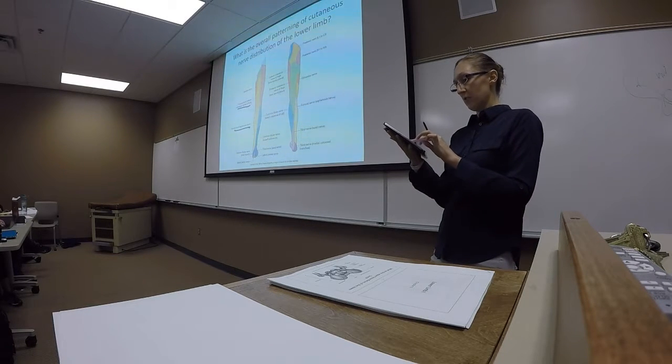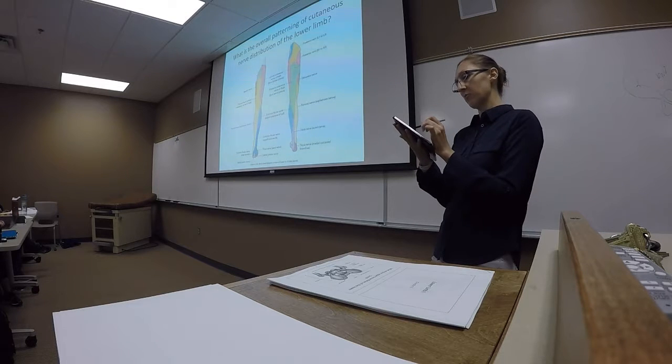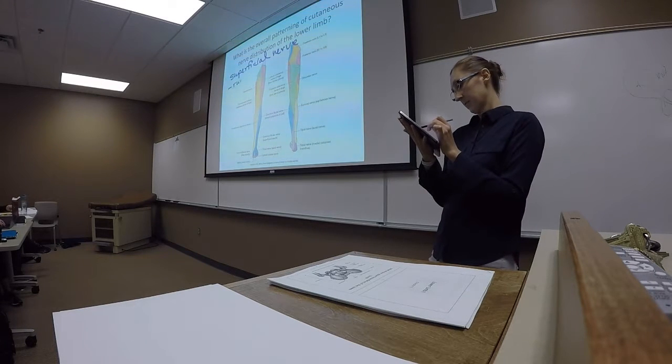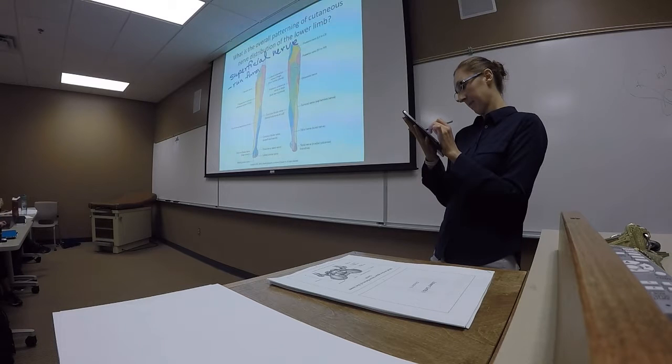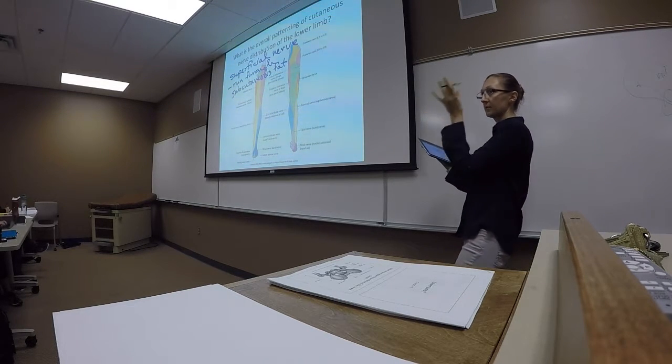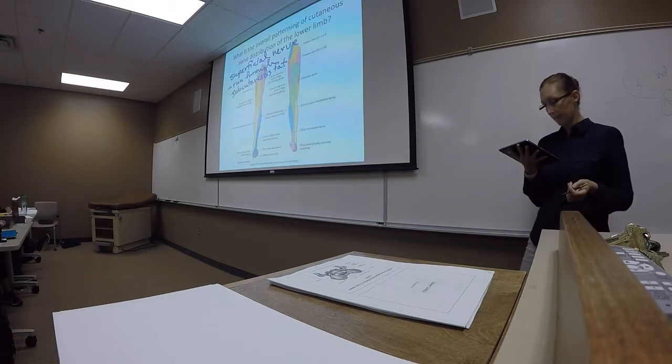What I do want you to know is that these superficial nerves run through the subcutaneous fat, and then send small branches up to the surface to innervate the skin.